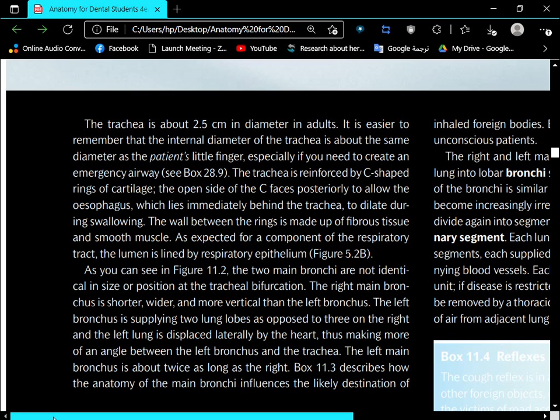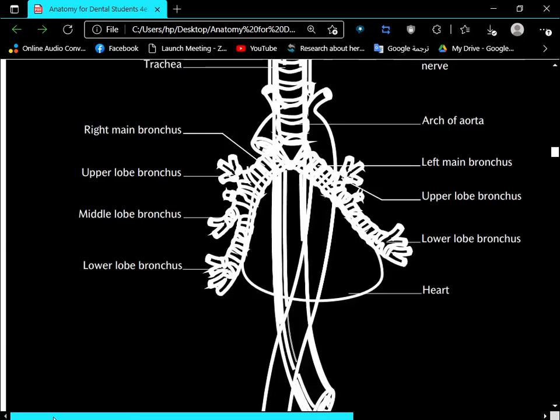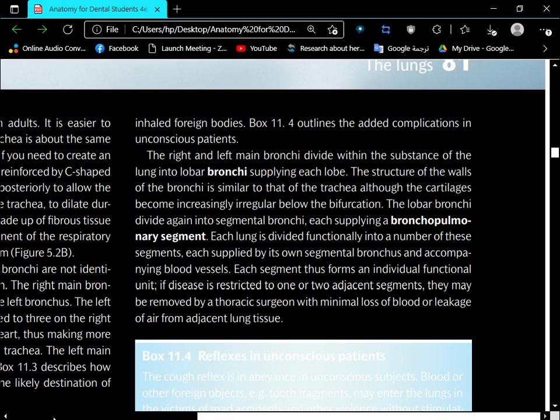The box describes how the anatomy of the main bronchi influences the likely destination of inhaled foreign bodies, and outlines the added complications in unconscious patients.